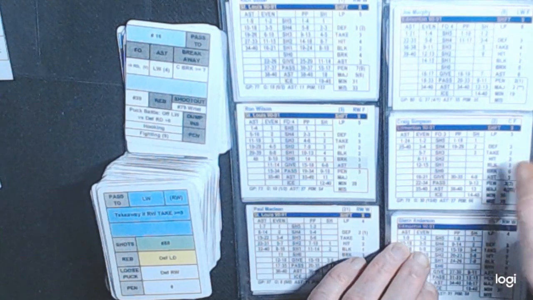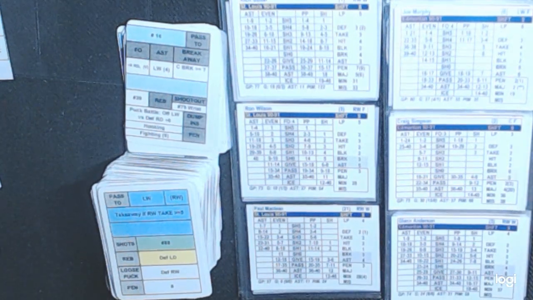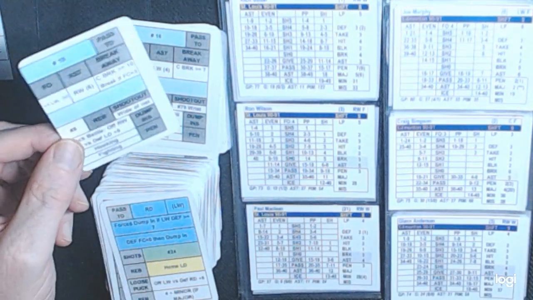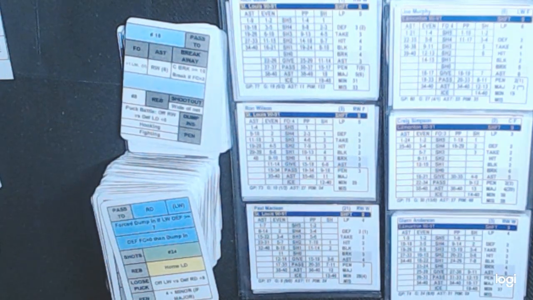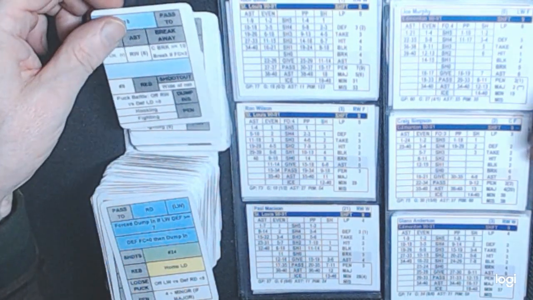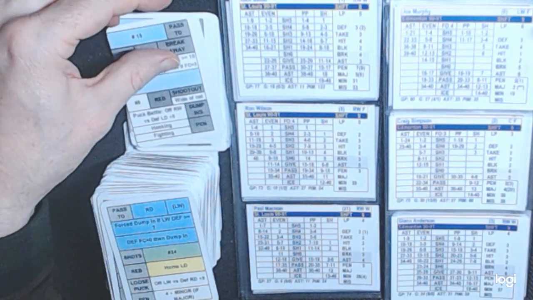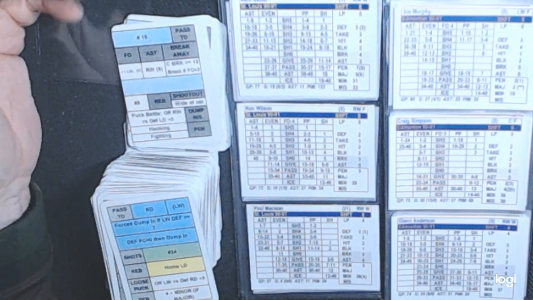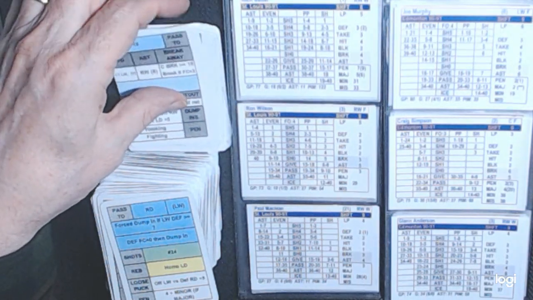Now, fights. So we get a major penalty and it says fight. So what you then do, if it's got a number on it, then you use that number to see if the opponent has got a fight rate of 9.